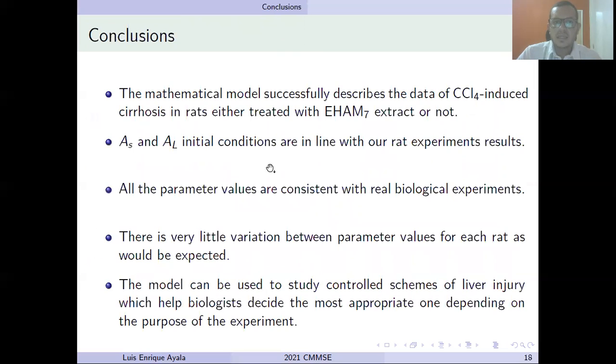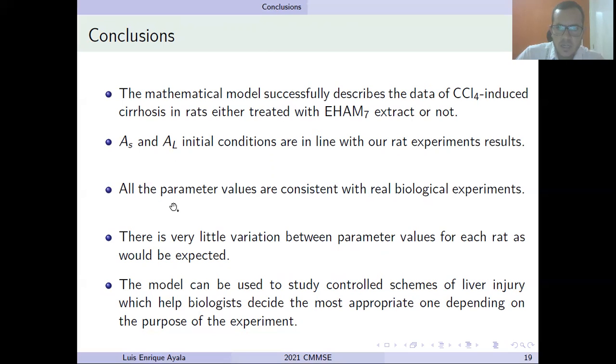And finally, the conclusions. The mathematical model successfully describes the data of carbon tetrachloride induced cirrhosis in rats, either treated with the extract or not. AST and ALT initial conditions are in line with our rat experiment results.